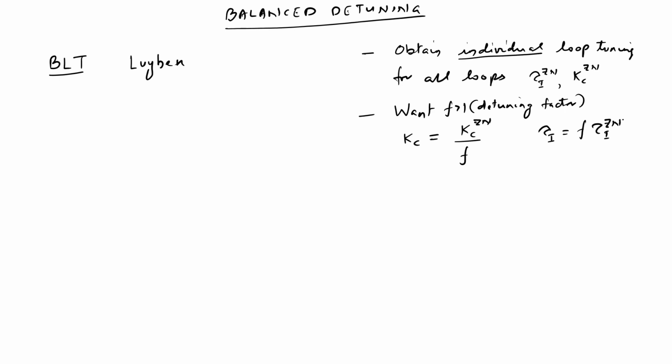I'll just put a subscript i here, so for all the loops i going from 1 to n, if there are n loops, that's what we do.